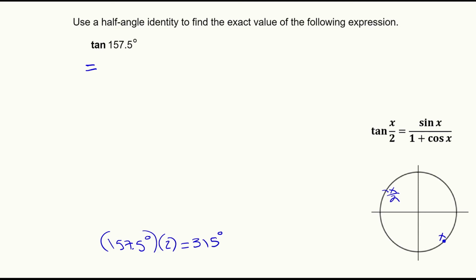equals sine 315. Remember, if x over 2 equals 157.5, then multiply both sides by 2 and you get x must be 315 degrees. That's the algebraic reasoning.